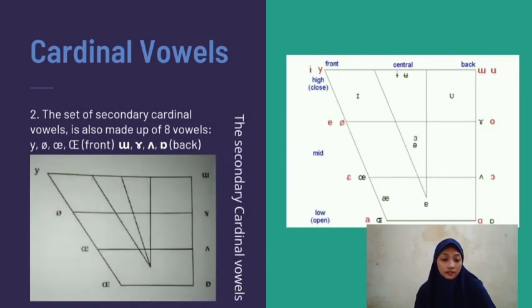And the second category of cardinal vowels is secondary cardinal vowels. It's also made up of 8 vowels. For the front part is A in the word buy, and A in the word word, and I in the word hotel, and I in the word rose.